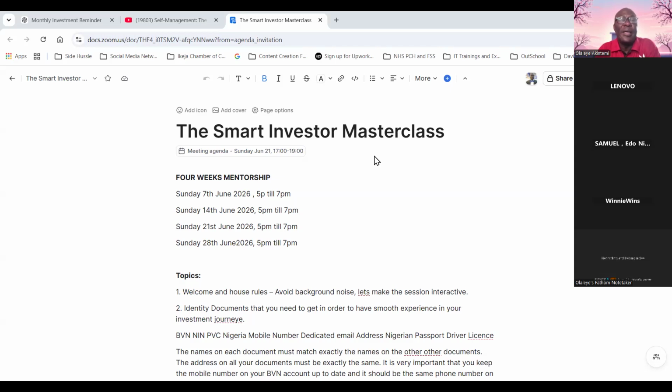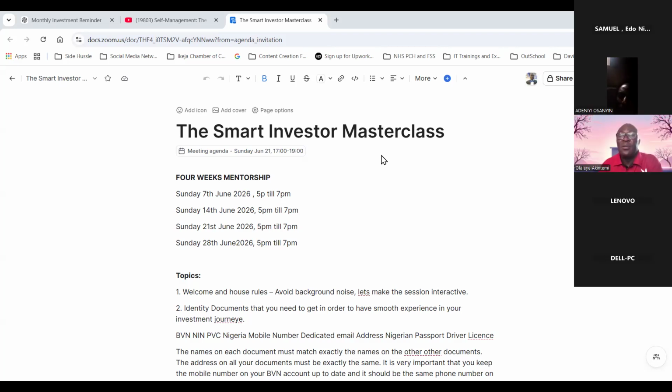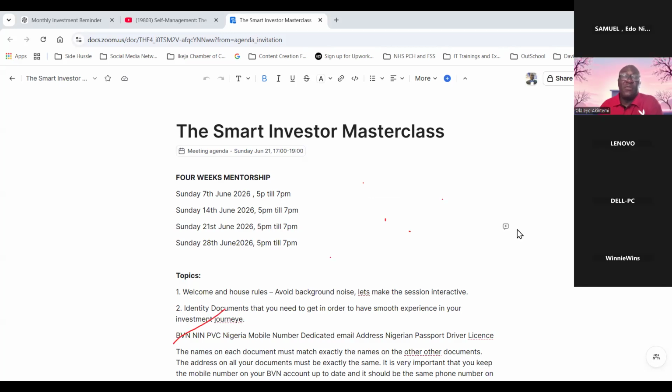Roughly, how many people are members of the Smart Investor Telegram group? Anyone? Yes, I'm a member of the Smart Investor Telegram group. I just joined today. Okay, that's fine. We have quite a few people who are members of the Smart Investor Group.